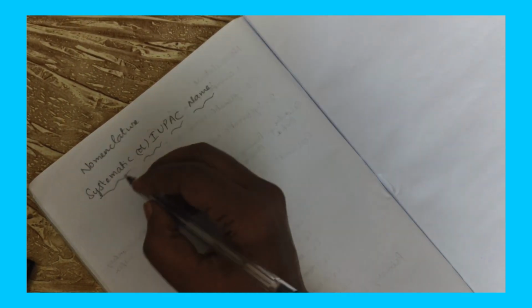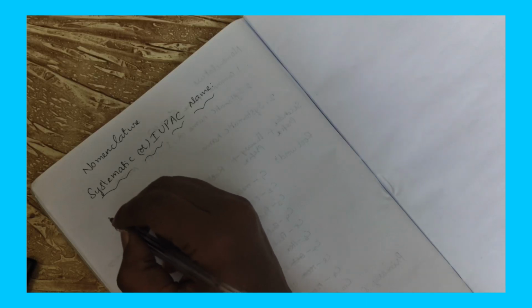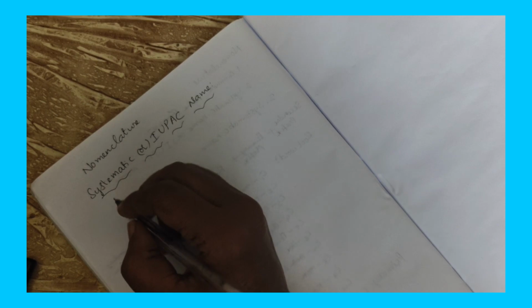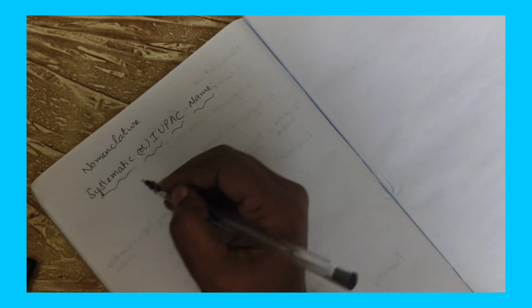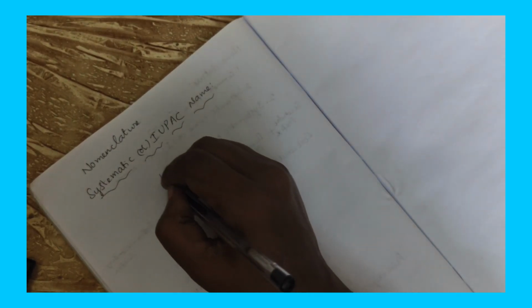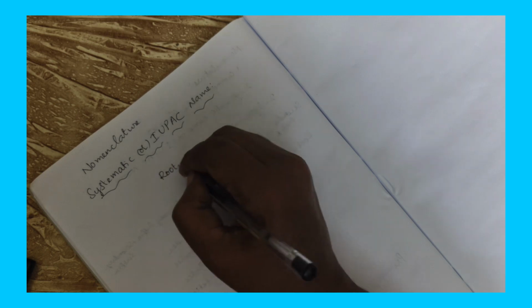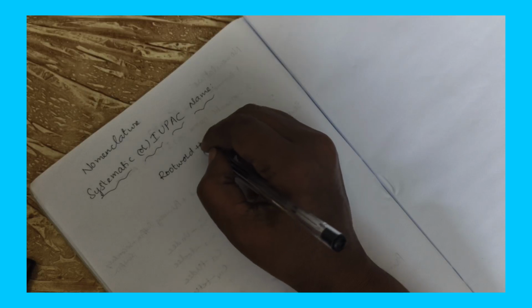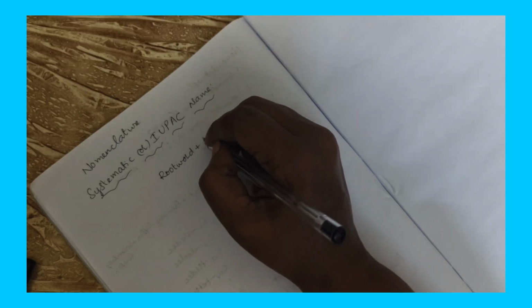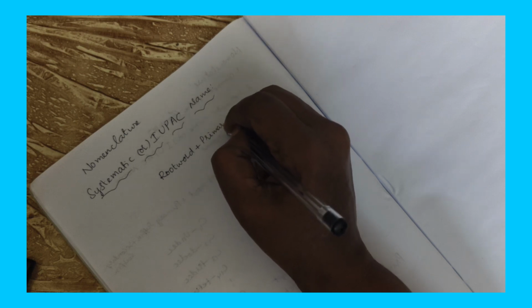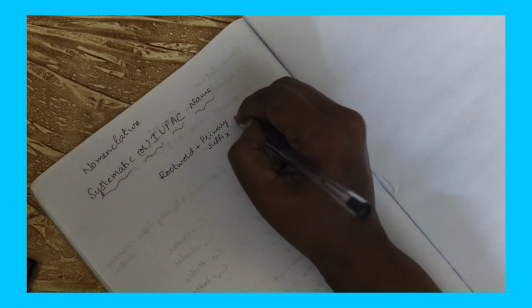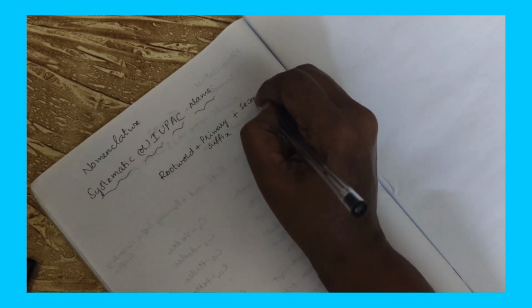See, to write the name of a compound, there are different parts. We have to write here root word. First one root word, and this root word follows primary suffix, and then after that secondary suffix.